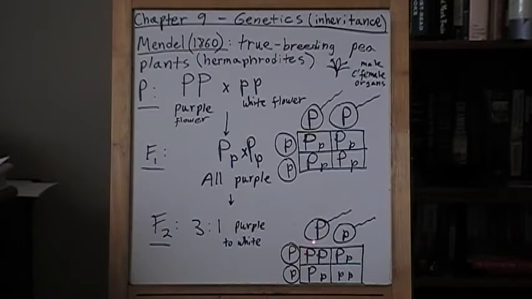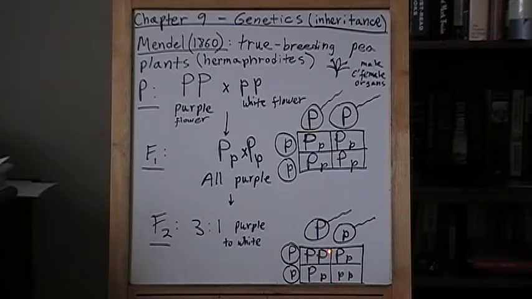When you fill in your Punnett square, you've got big P from the sperm and big P from the egg. In the next square you've got little p from the sperm and big P from the egg. In another square you've got big P from the sperm and little p from the egg. And in the last square you've got little p from the sperm and little p from the egg.